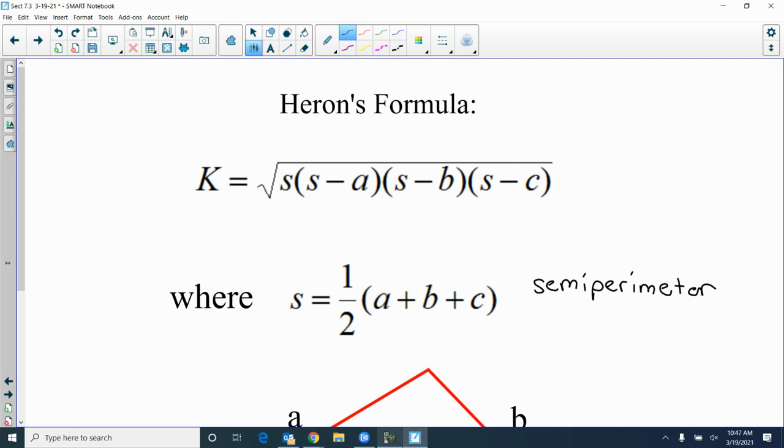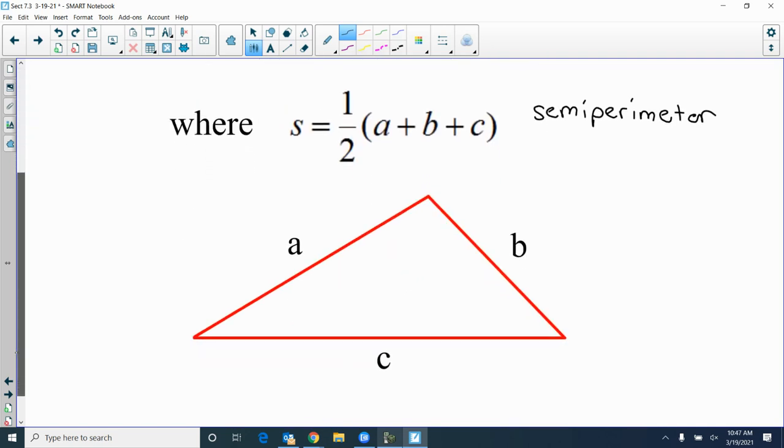So you see the formula there: K equals the square root of S times S minus A times S minus B times S minus C. And your semi-perimeter is 1/2 the sum of your 3 sides. So you're just going to add those 3 up and then take half of that.